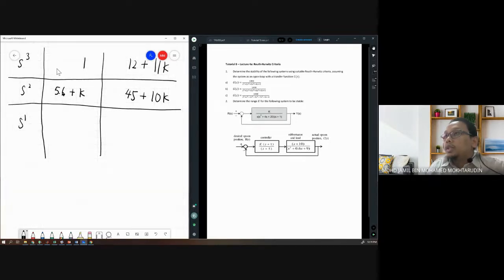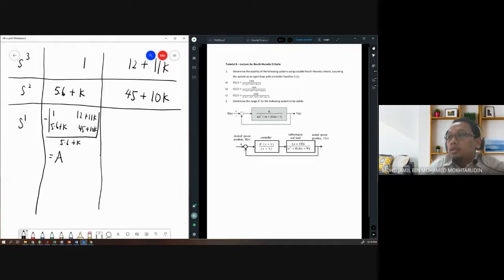So it's the negative determinant of 1, 5.6 plus K, 12 plus 11K, 45 plus 10K, divided by 5.6 plus K. Let's say this is A, and we have 0 here.